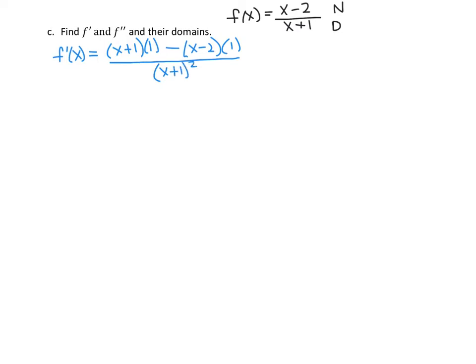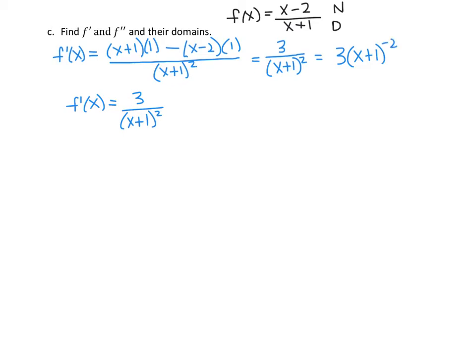Now when we simplify this, our x's drop out, and we're left with a 3 in the numerator, and we still have (x + 1) squared in the denominator. Since we have to take the second derivative, I'm going to rewrite the first derivative by bringing the denominator up to the numerator and making the exponent negative. So we have 3 times (x + 1) to the negative 2.